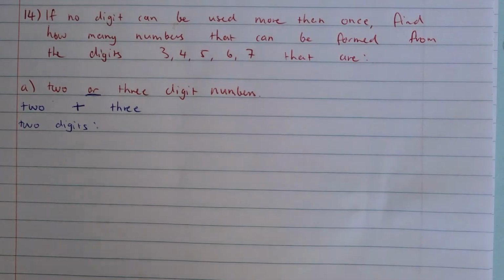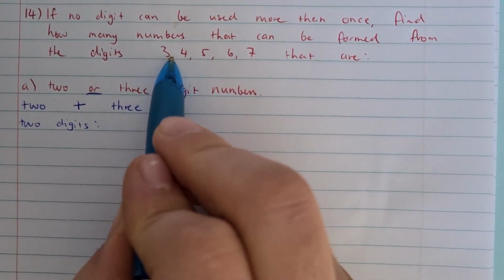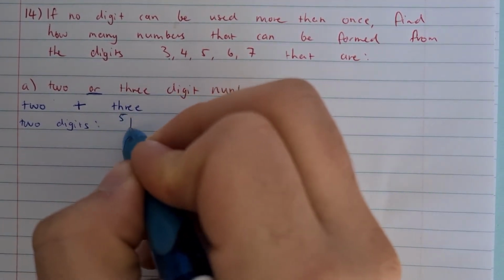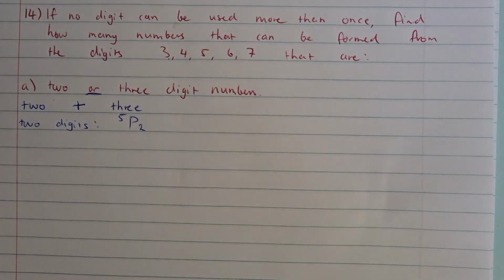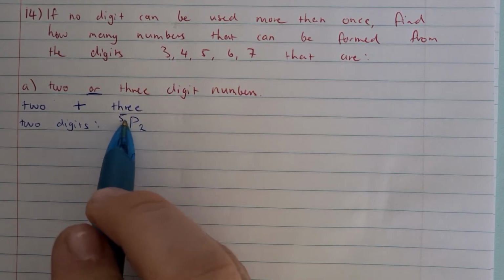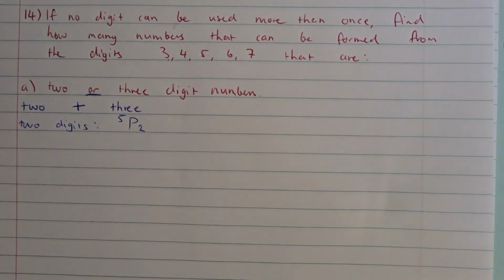So we're going to use our permutation formula. We have got 1, 2, 3, 4, 5. We've got 5 digits to choose from, and we're finding permutations when we're choosing 2 of those numbers. So 5 digits to choose from in total, and we're choosing 2, and we're finding the number of arrangements.